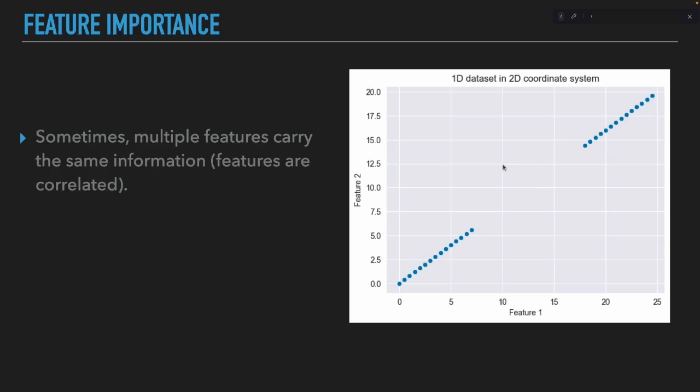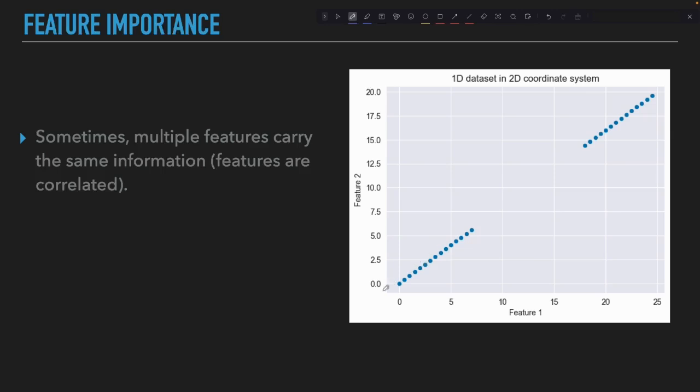But what we could call a problem in this case is that feature 1 and feature 2 contain identical information. In this case, feature 2 is a linear function of feature 1, meaning that feature 2 is redundant. It brings no new information compared to feature 1.